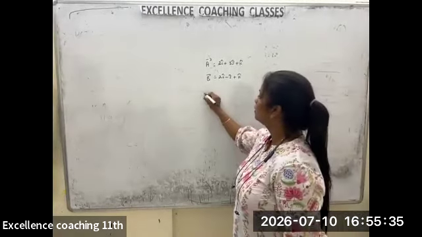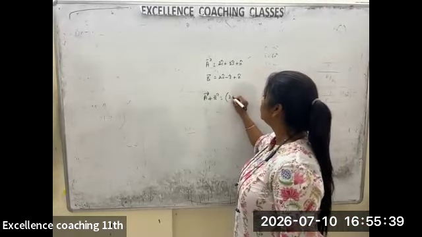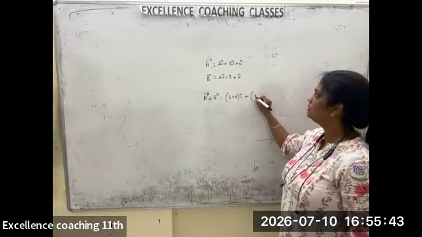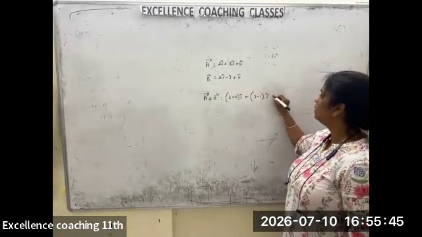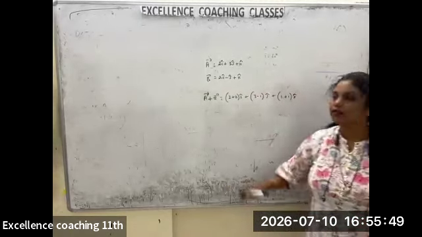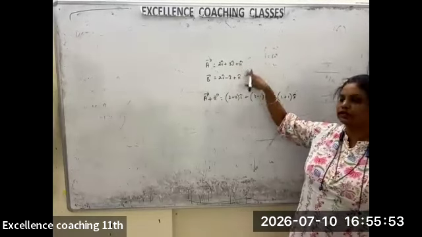So A plus B will be 2 plus 2 i cap, then 3 minus 1 j cap, plus 1 plus 1 k cap. This plus this, there is a minus sign, so 3 minus 1 is 1, plus.